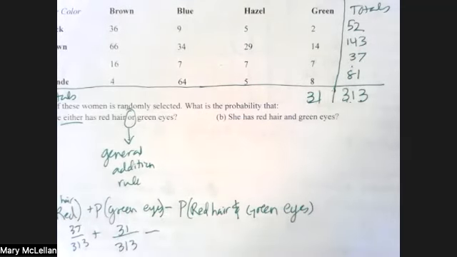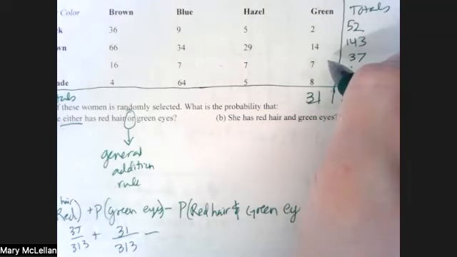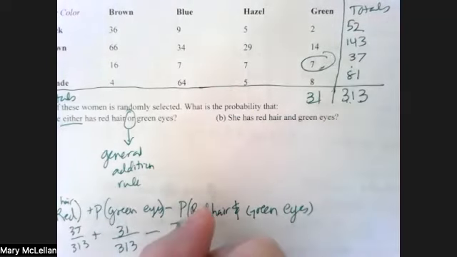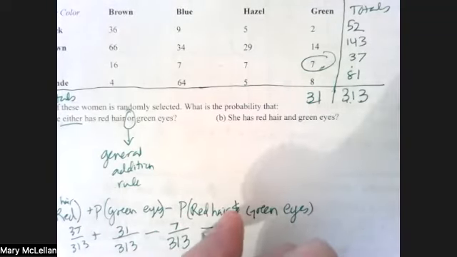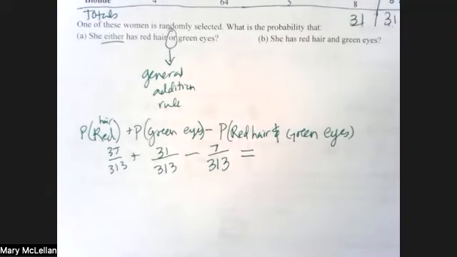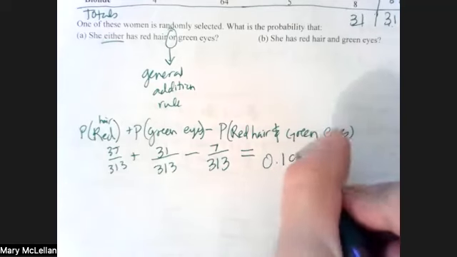But there is an overlap in these scenarios. They are not mutually exclusive events because the intersection does not equal 0. I need to subtract the intersection, which is 7 over 313. And if I put all of that in my calculator, I get the probability that a student has red hair or green eyes, and it's 0.19.